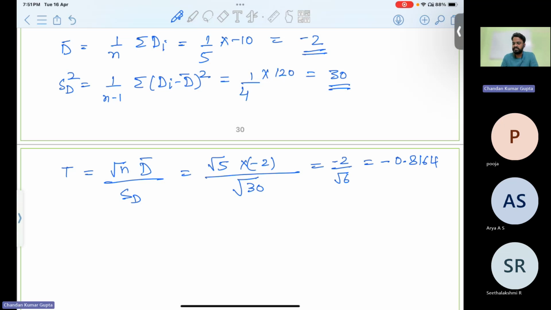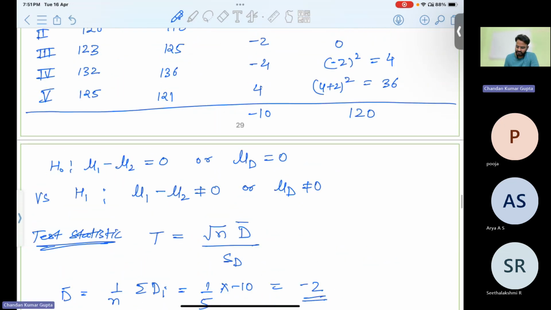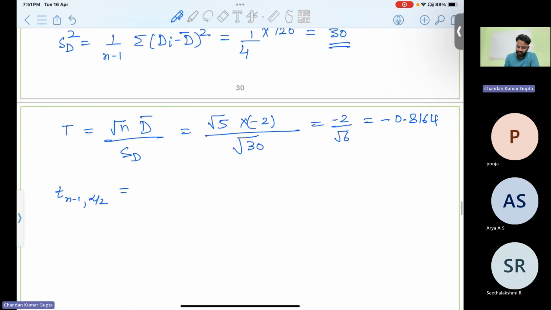So this is our t calculated value. Now, the tabulated value of t is t at n minus 1 degrees of freedom and at alpha by 2, because we are discussing the not equal to alternative. So t at 4 degrees of freedom and 0.025 comes out to be 2.776.